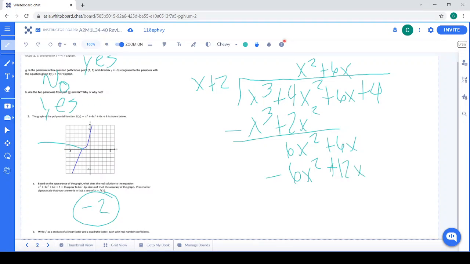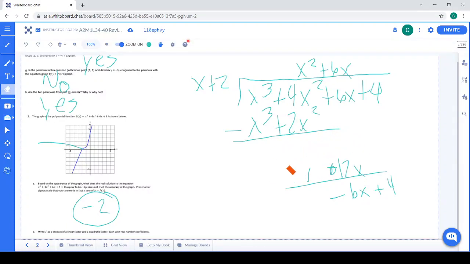And when I negate those, that's going to give me a negative 6x plus 4. Okay. Oh no, let me go back. That's wrong. Okay, let me do that again. When I negated this I should have negated as well.